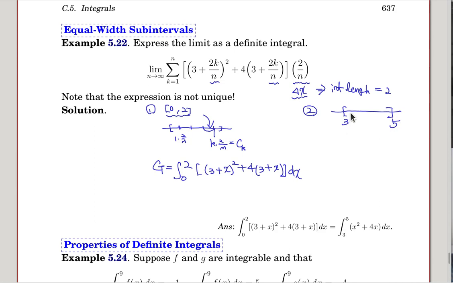In this case, if you make n partitions, then in general, for the kth one, in the first one that will be 3 plus delta x, and delta x is 2 over n.